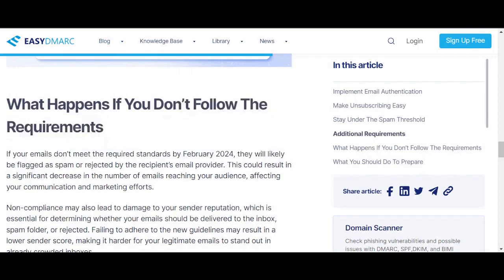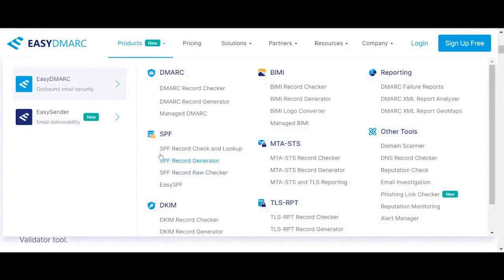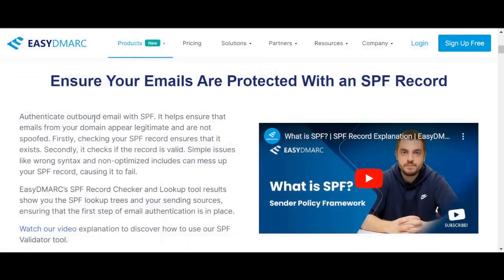The first one that I'm going to talk about is SPF. SPF is an authentication for your emails. This involves adding a record to your DNS that lists domains or IP addresses that you are going to give permission to send emails on your behalf.